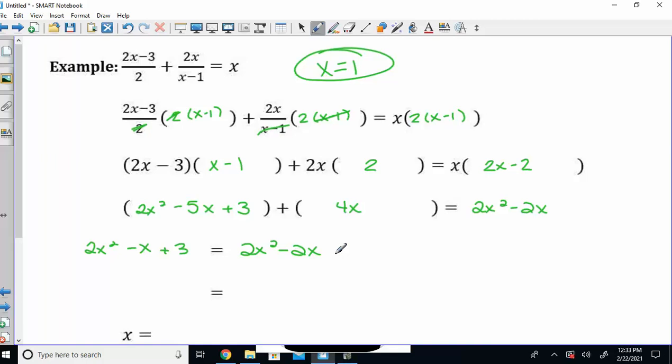Then we can subtract our 2x squared over. And those actually cancel. If I add over this x, I have 3 equals negative x divided by negative 1, and x is negative 3.